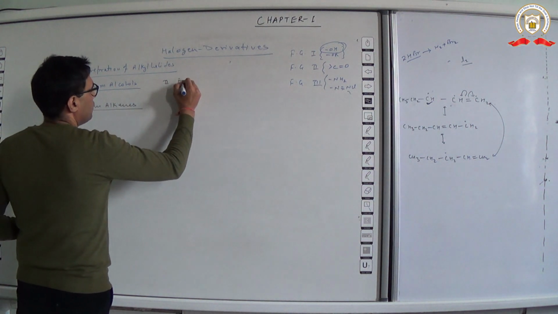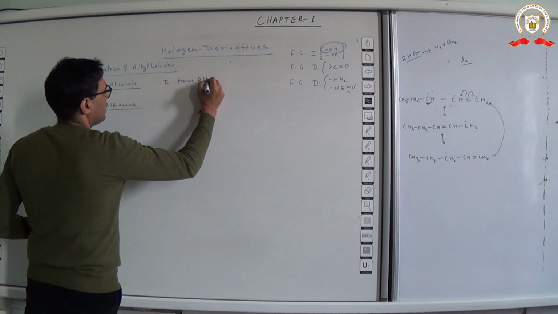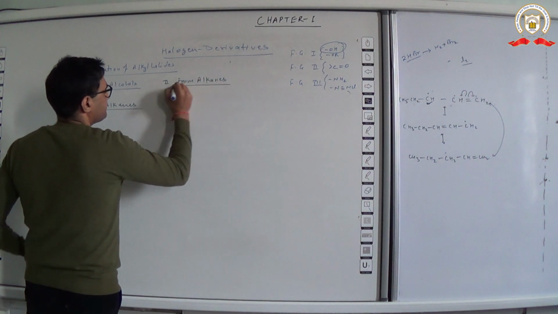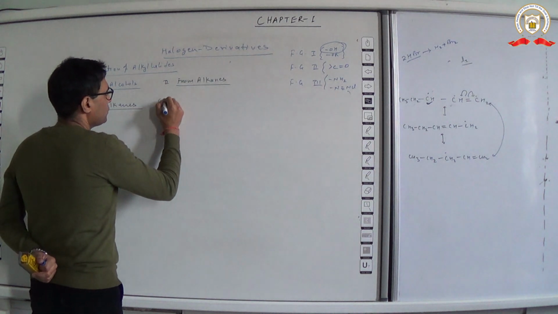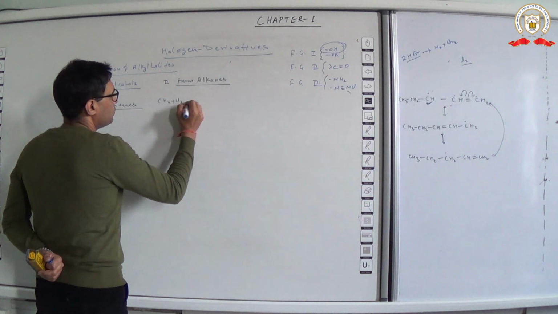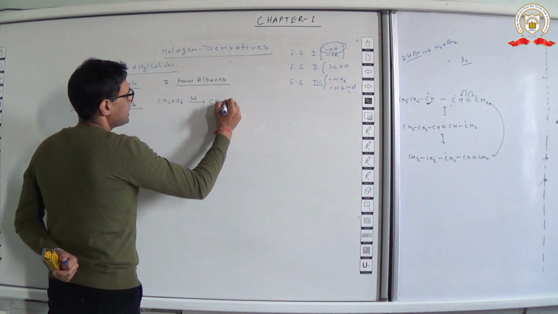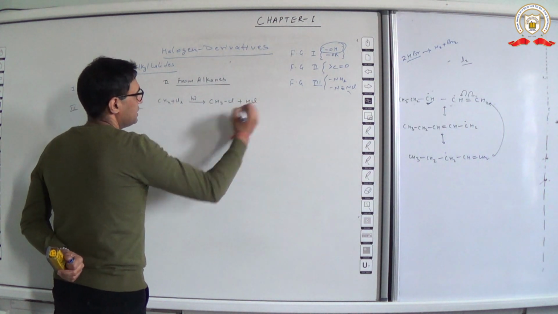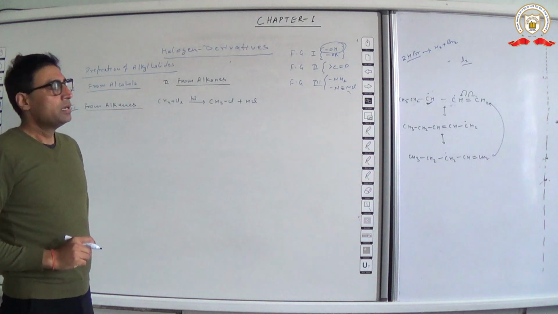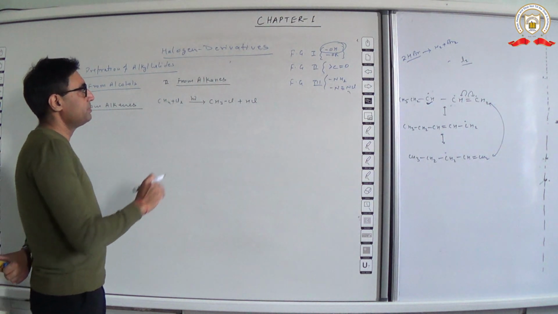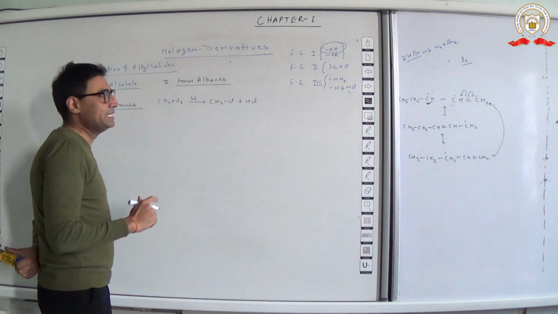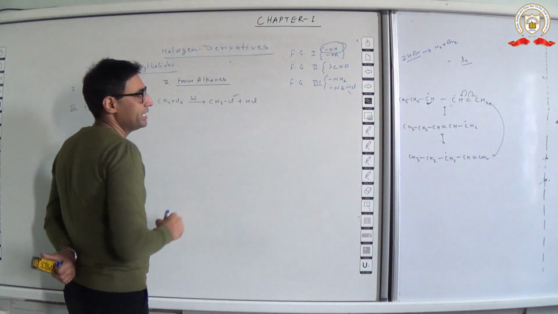Second, I taught you from alkanes. And in that I told you that CH4 plus Cl2 in the presence of sunlight will give you CH3Cl plus HCl. Dear student, I want to tell you one thing, that by this method it is very easy to prepare alkyl fluoride.